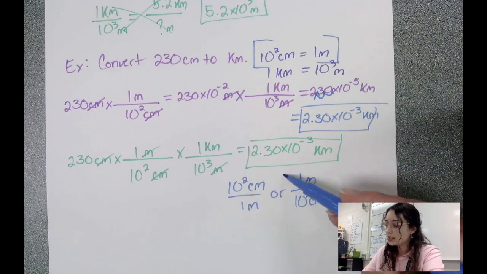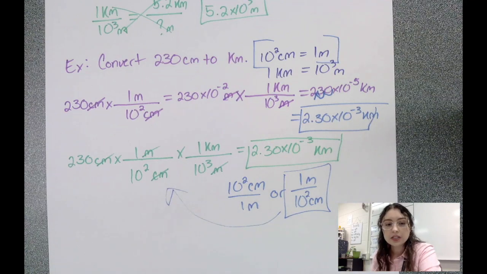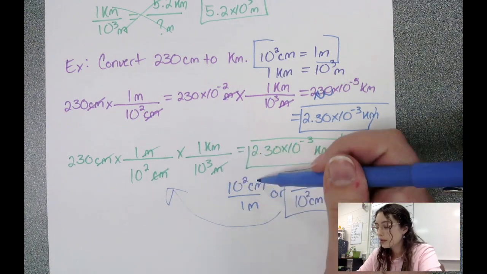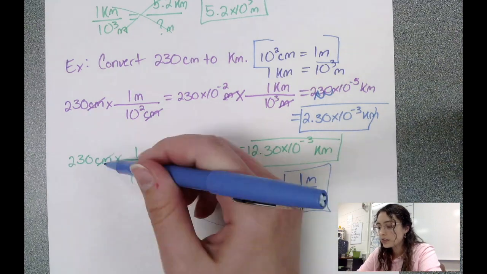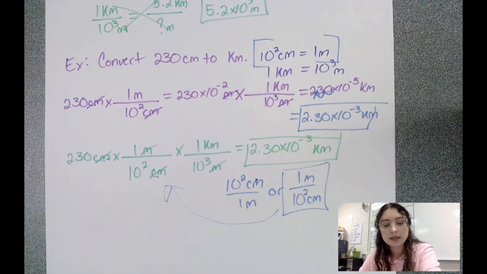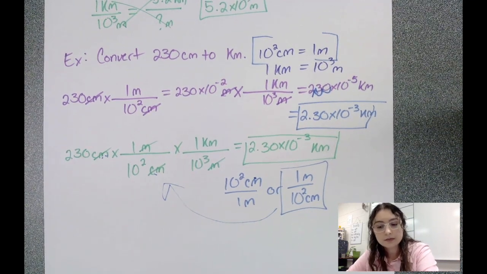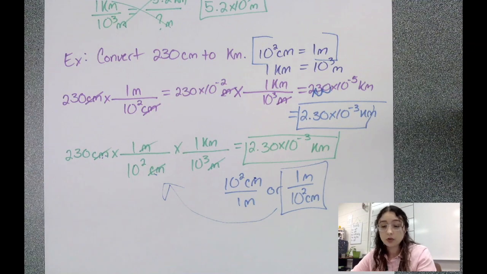We selected this conversion factor to use right here. Why did we select that one? Well, because if I took this one, centimeters wouldn't cancel. You've got to have the units on top and bottom to make them cancel, just like in algebra. I know that went kind of fast, but we're going to do more practice problems on this in class.